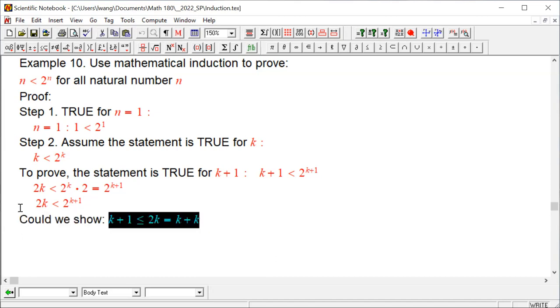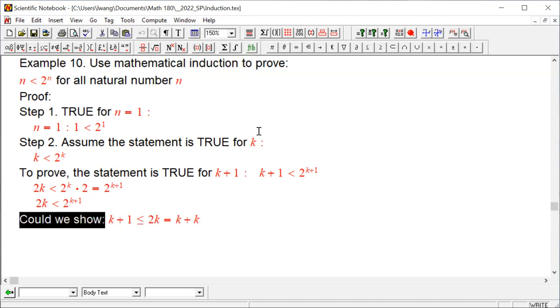Okay, so let's make the narrative. You can see we're almost there. Now I would say, since k is at least 1, natural numbers 1, 2, 3, 4, therefore k plus 1 is less than or equal to k plus k, since k is greater than or equal to 1.